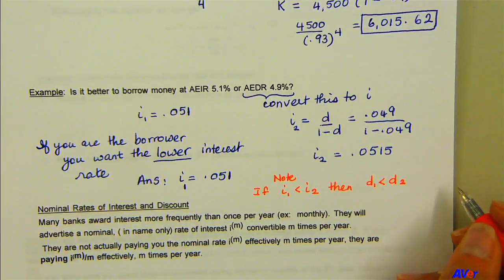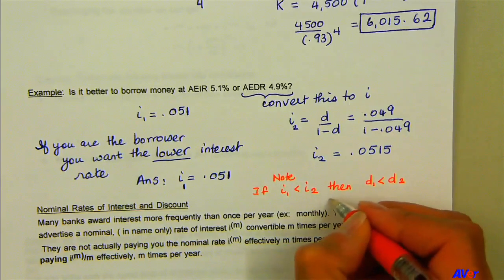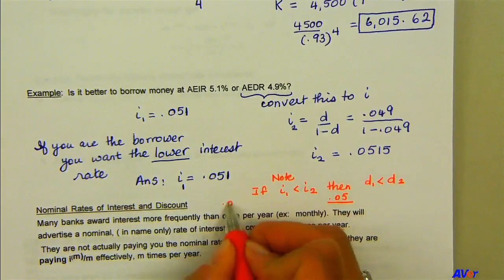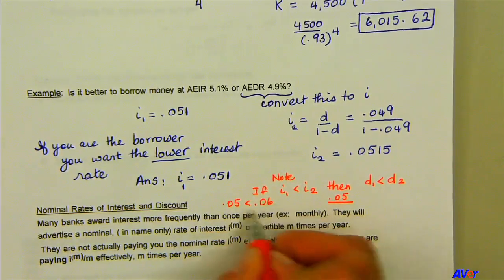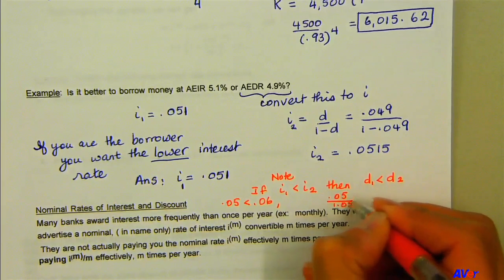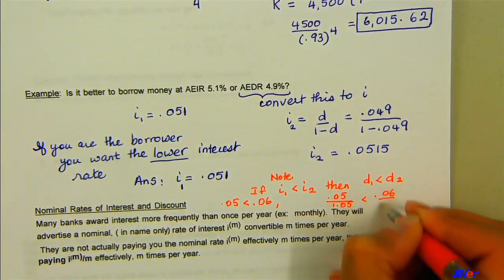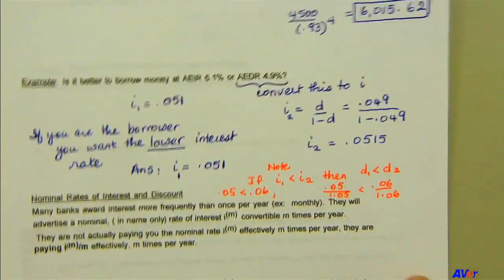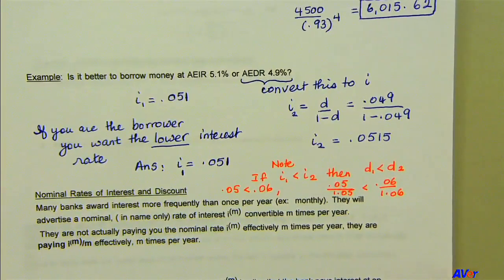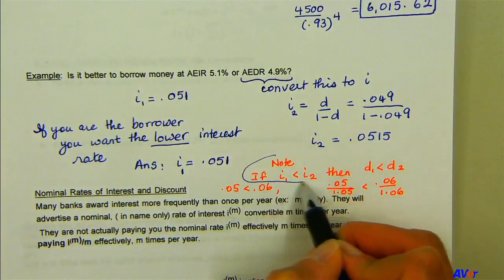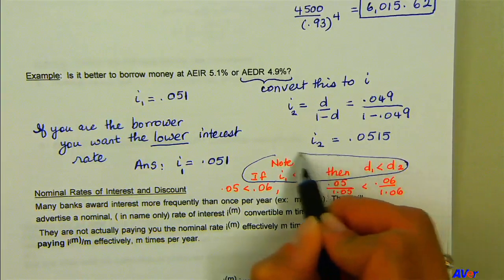Because 0.05 is less than 0.06, which is true, so 0.05 over 1.05 will be less than 0.06 over 1.06. I'm doing i over 1 plus i. So note that if i1 is less than i2, then d1 is also less than d2.